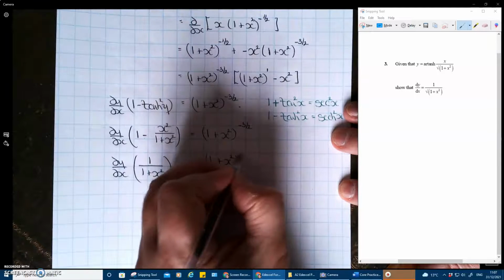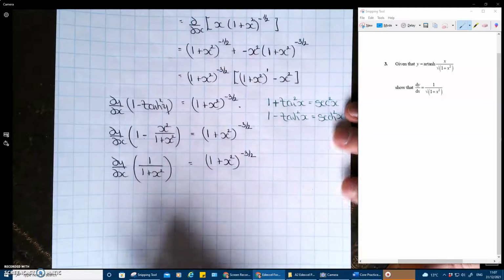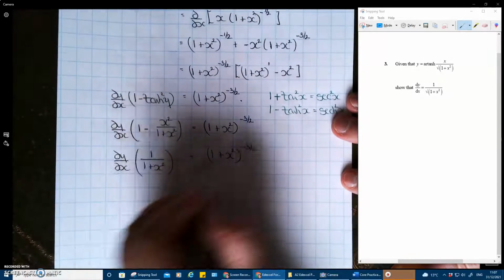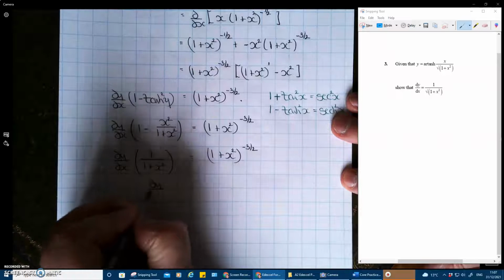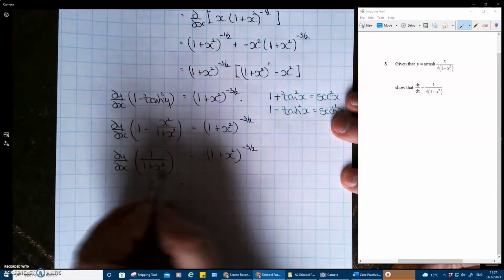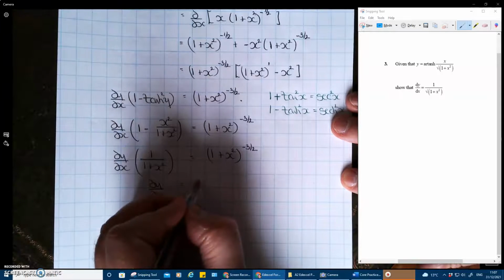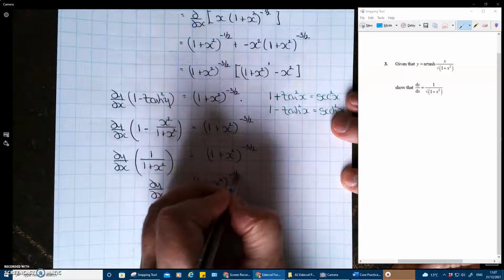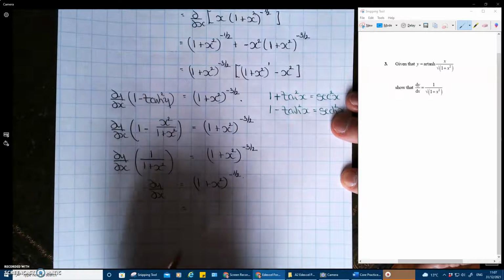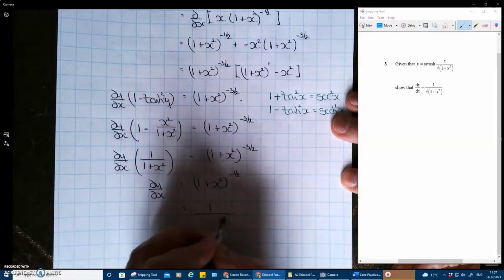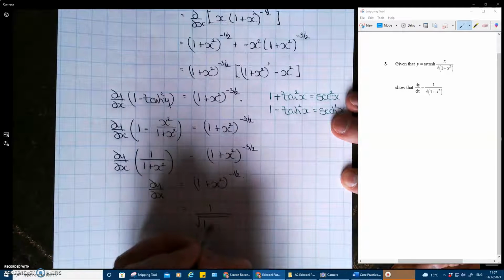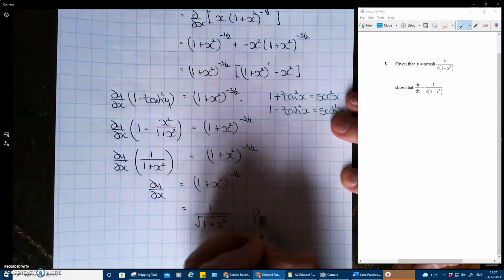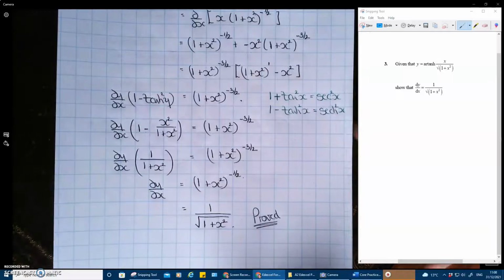Almost there. Okay, and then I'm going to multiply this side by 1 plus x squared, so dy by dx, which changes this power to 1 plus x squared to the minus a half, which equals, we write it back in the form they want it, and then let's write proved at the end, or QED or something similar.